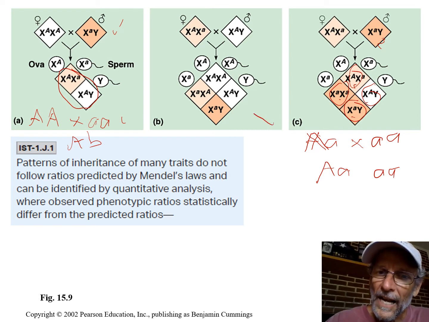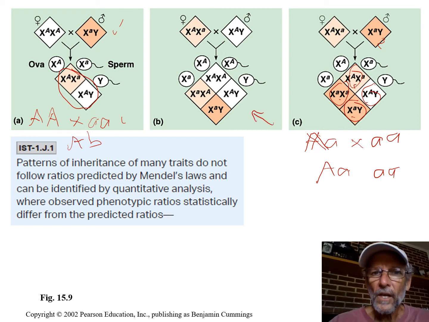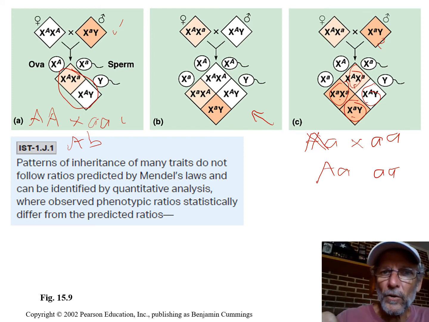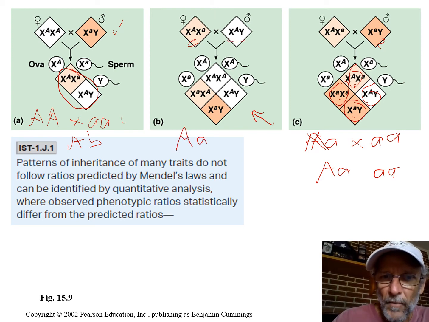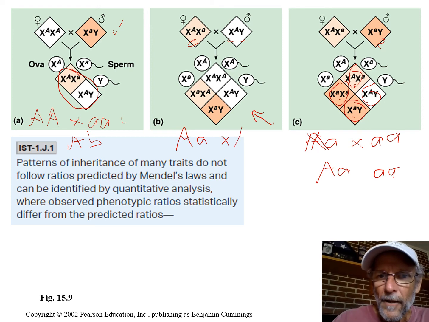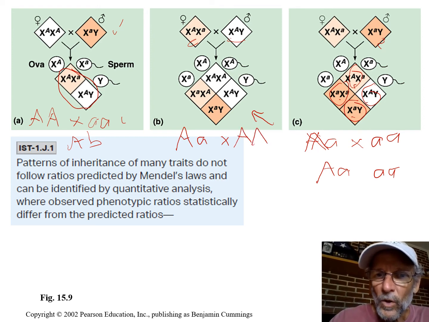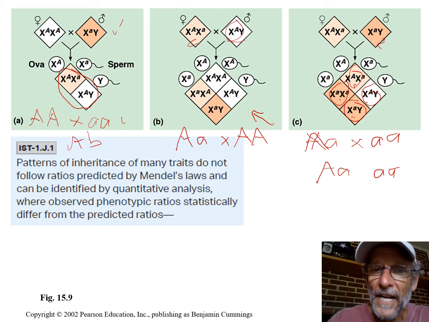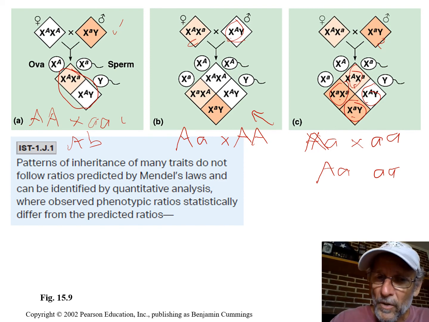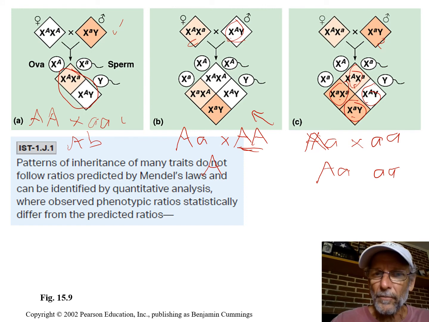But now if we look at this one, we have the heterozygous mom and the dominant dad. If the dad was homozygous dominant here, and the only kind of genes he has are the dominant genes, then you would predict that all the kids would be dominant because they'd all get a dominant A from dad.